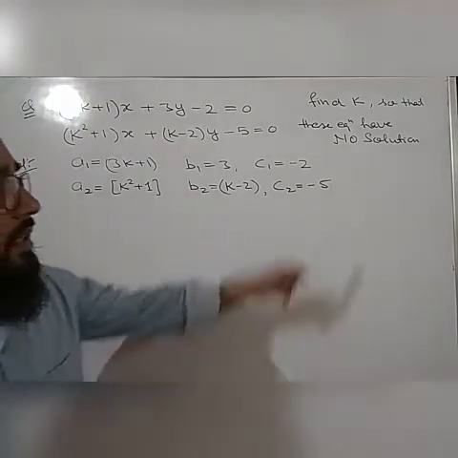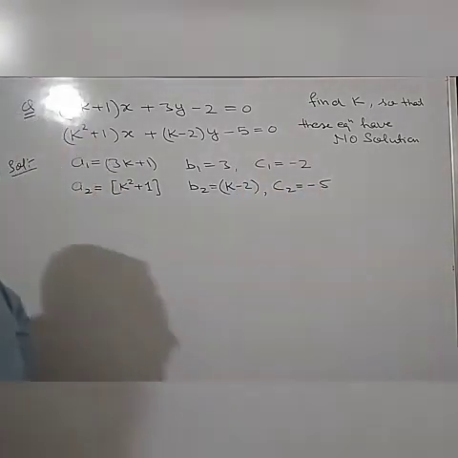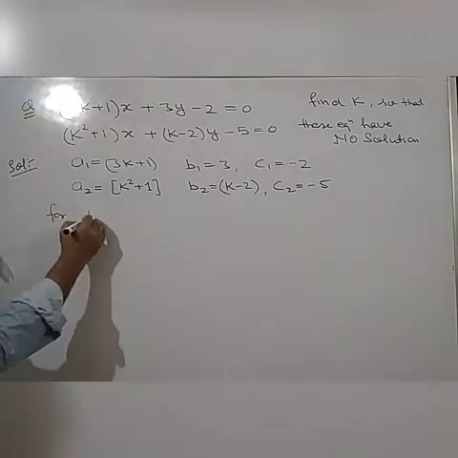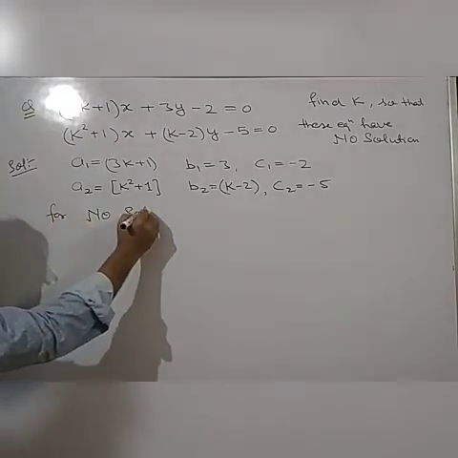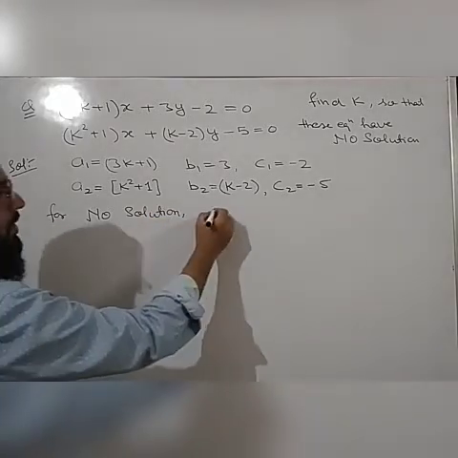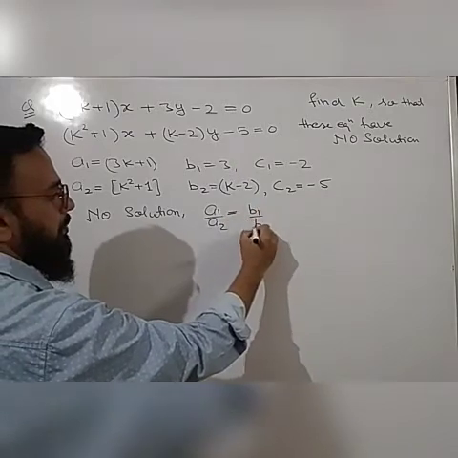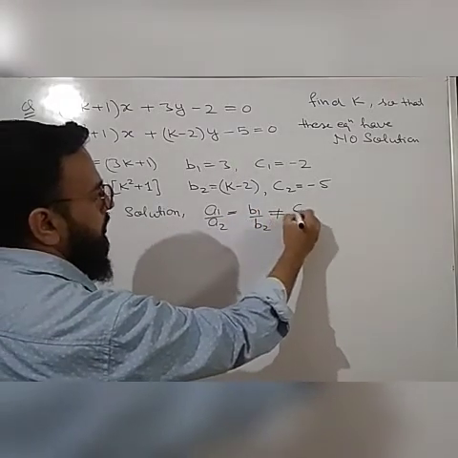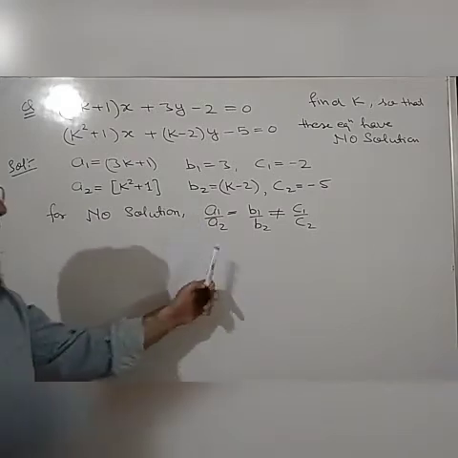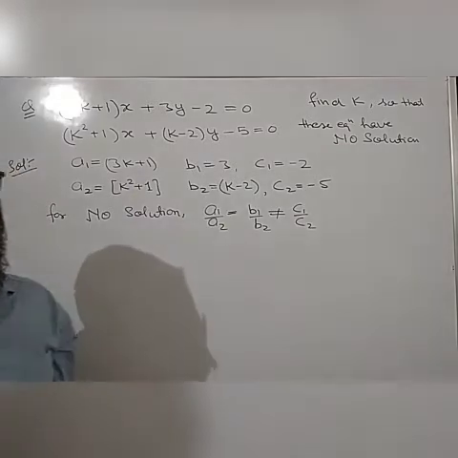Now we are given the condition that these equations have no solution, and you should remember the condition of no solution. So for no solution, what is the condition? a1 upon a2 is equal to b1 upon b2 is not equal to c1 upon c2. Means the ratio of a1 upon a2 is equal to b1 upon b2, but it is not equal to c1 upon c2.